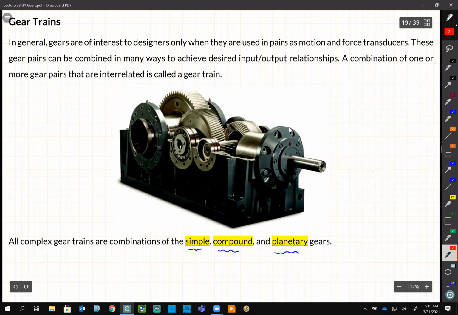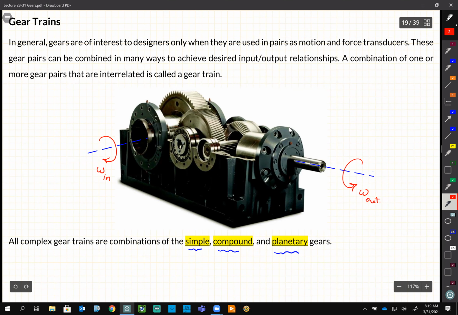And the goal here is to get from an input shaft, let's say you have a shaft attached here, and we want to get the output there. So the omega in is here, and depending on what we have, we can get omega out. And it gives us a gearbox.